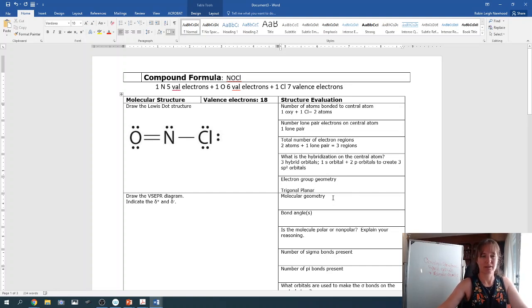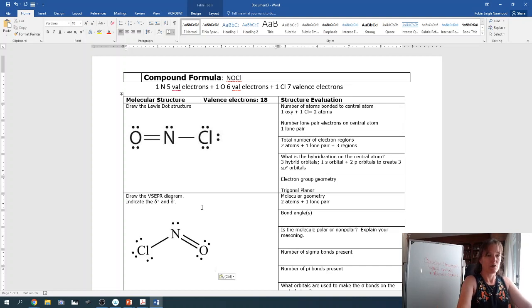However, since it has 2 atoms and 1 lone pair, the lone pair is invisible. And so the shape of it, it would form a geometry for the electrons of trigonal planar, but one of the orbitals, this orbital here, is kind of invisible.